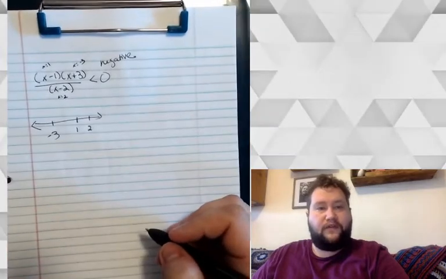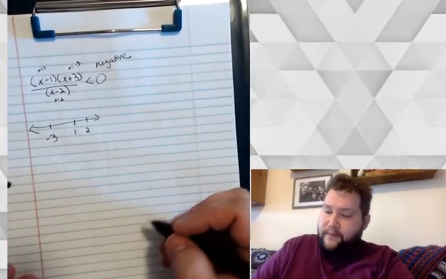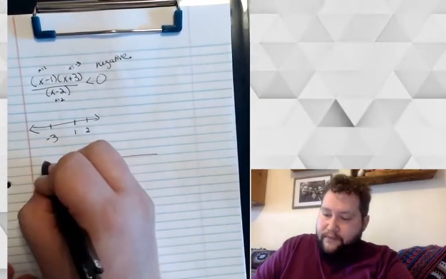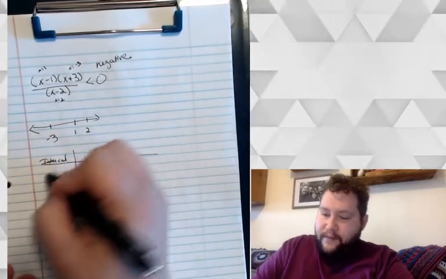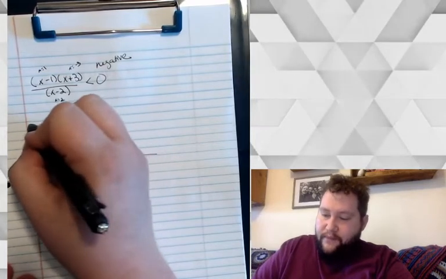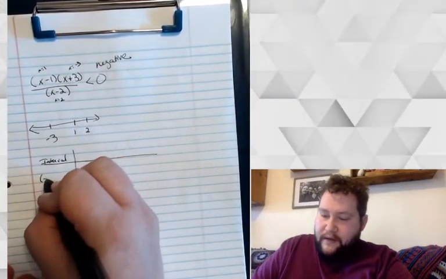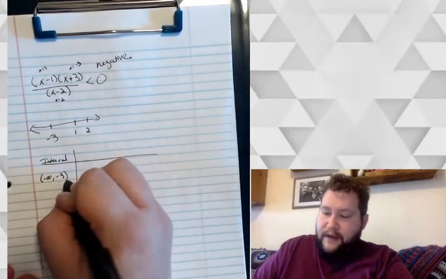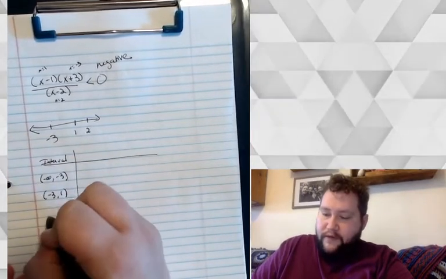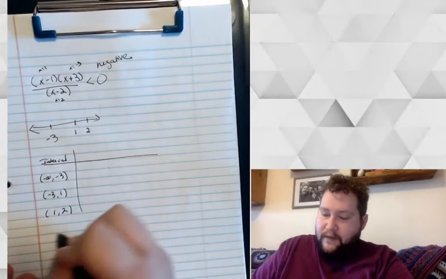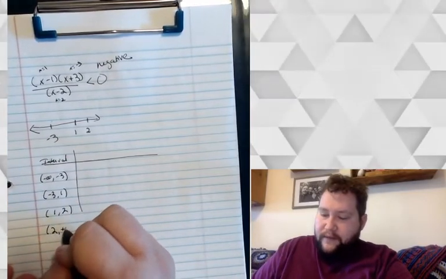And then we need to construct our test point table, so our intervals. We have from here to here, negative infinity to negative 3. We have from negative 3 to 1, from 1 to 2, and then 2 to positive infinity.